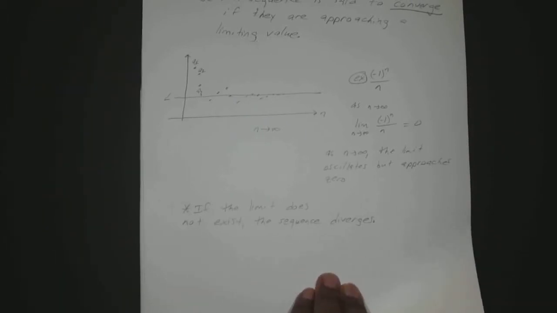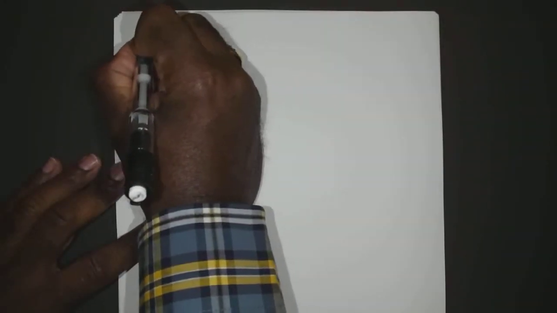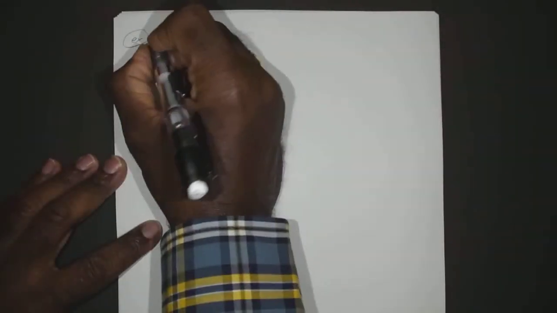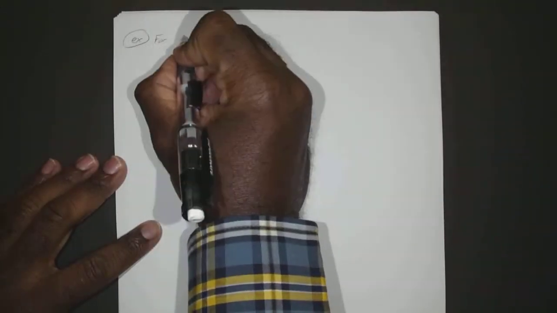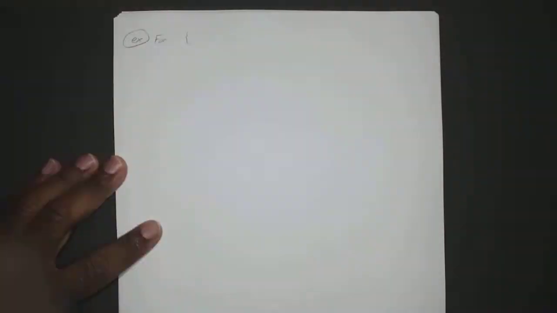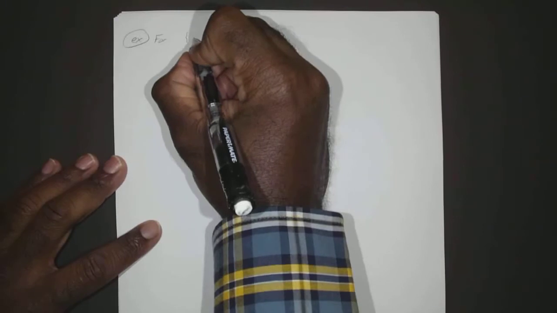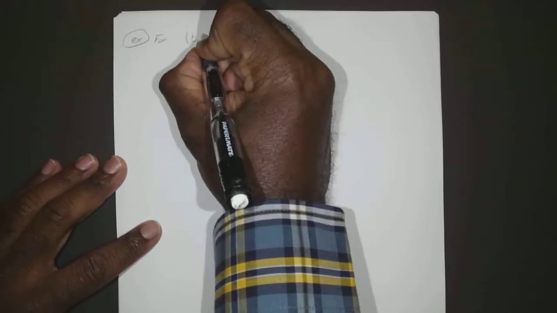So let's say, for example, instead of a sub n, sometimes they may say the sequence b sub n or c sub n or any variable at all. Same thing, basically.